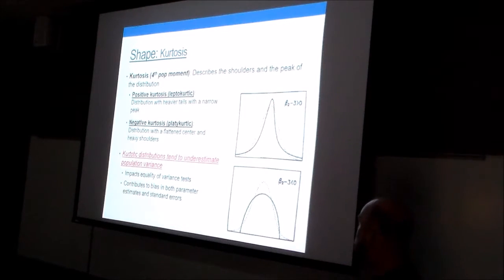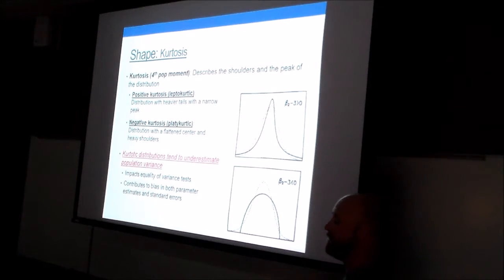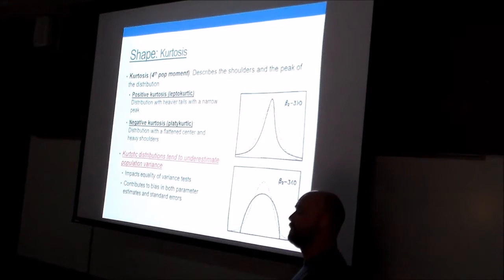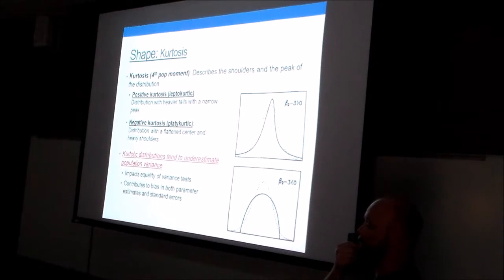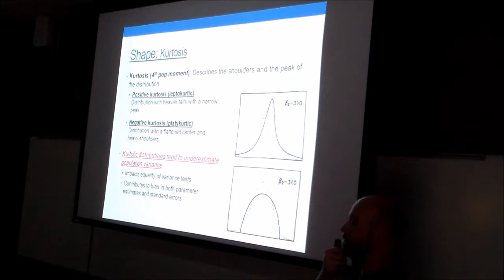What about this? With a positive kurtotic distribution, how are we underestimating population variance? Yeah, because we are overestimating the number of people who are scoring within that mean.